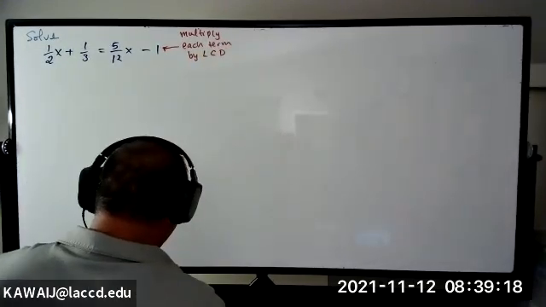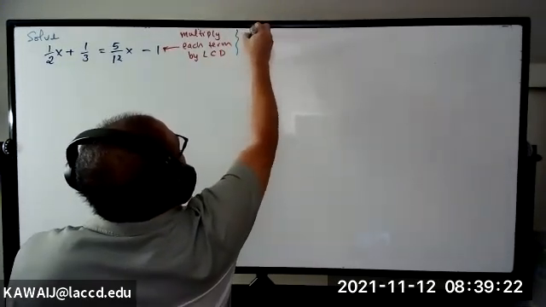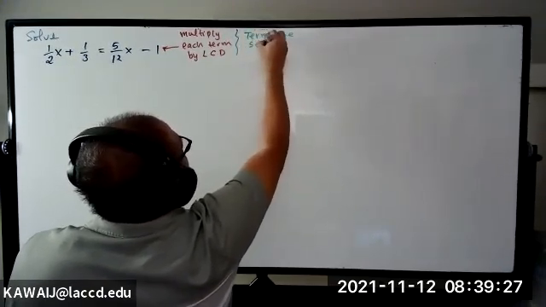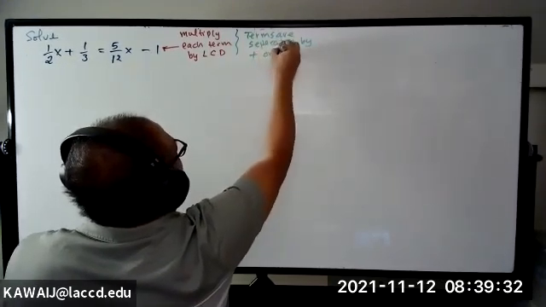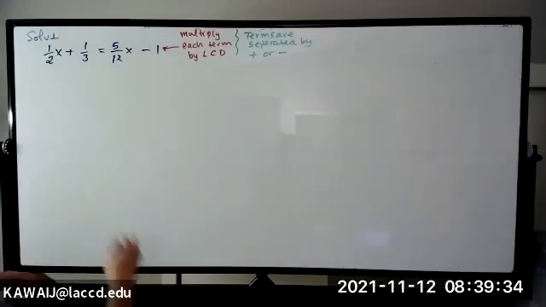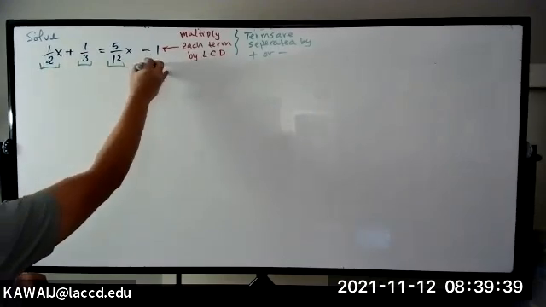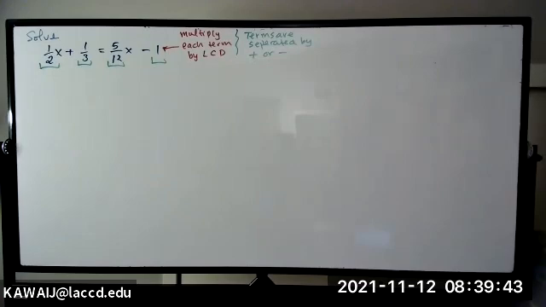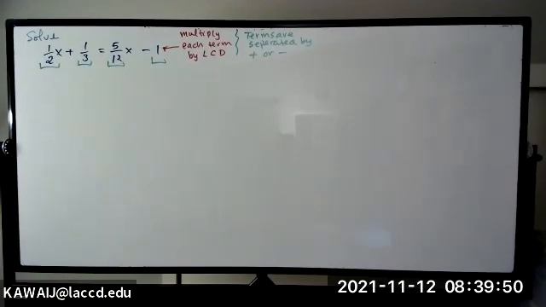Now, if you ask me, well, what's a term? Terms are separated by plus or minus. So this is a term, this is a term, this is a term, and that's a term. Each one of those we want to multiply by whatever the lowest common denominator is of a half, a third, and 5/12. Okay, let me give everyone a chance to write that down.